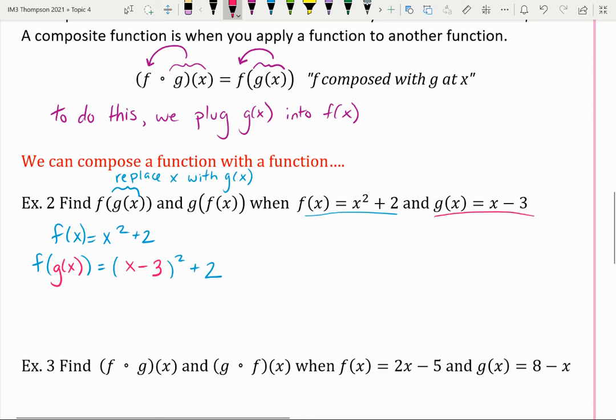So I've replaced the input with a new function. So instead of x, I replaced my notation with g of x and my expression with x minus 3. I just kind of substitute those in. And then I'm just going to multiply it out and simplify.